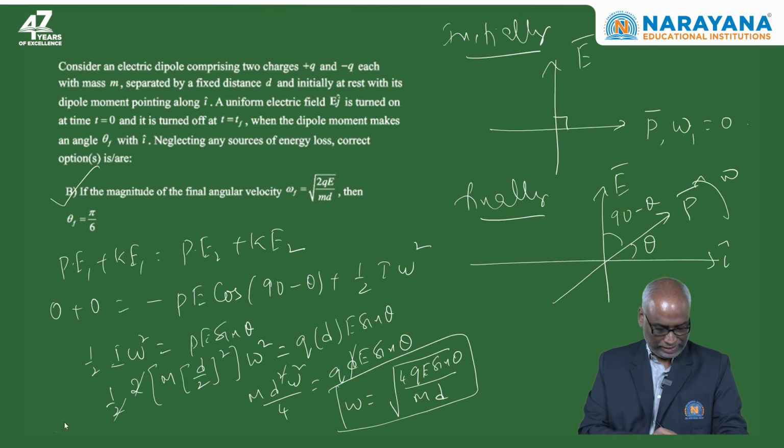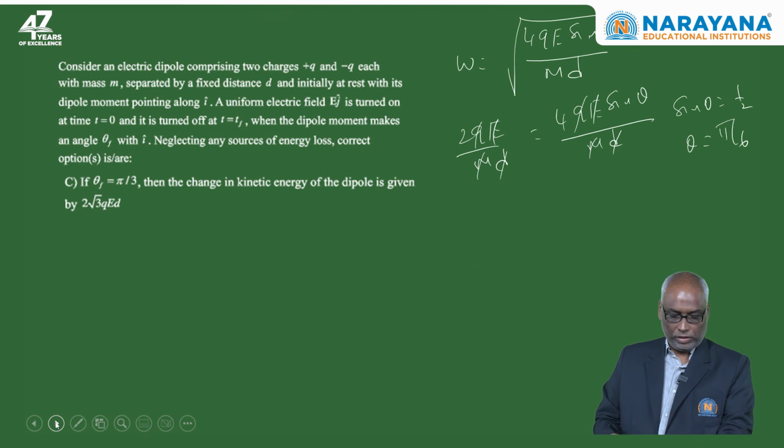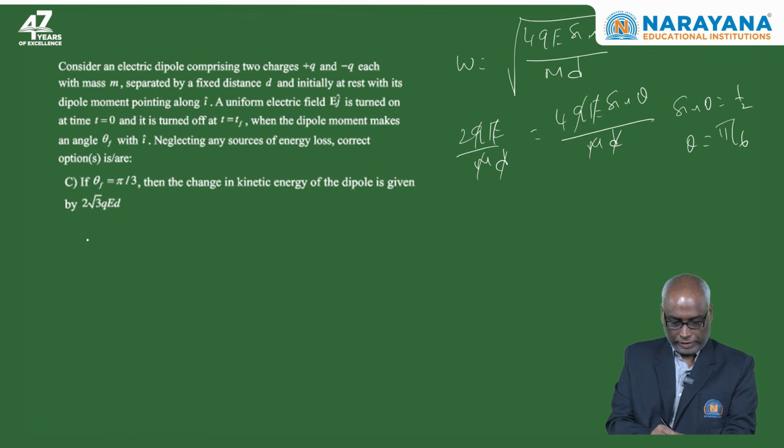Let us see option C. If theta f is equal to pi by 3, the change in kinetic energy of the dipole is given by: initial kinetic energy is 0, so the change in kinetic energy becomes equal to the final kinetic energy, which equals the magnitude of the final potential energy, which is nothing but PE sin theta.